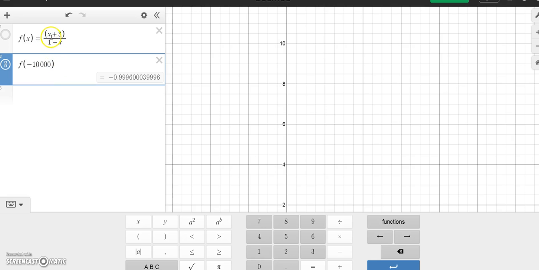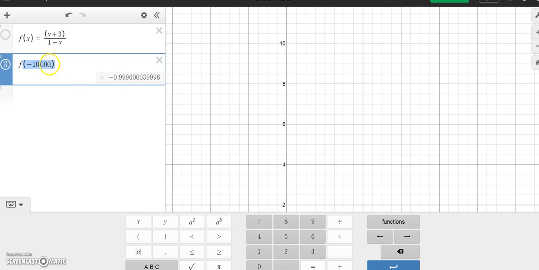Okay, so this is my function, x plus 3 over 1 minus x. Since I wanted to get some idea of where this function is headed as x goes to negative infinity, notice I just chose a very large negative number. I'm going to evaluate this function at negative 10,000. Notice when I do that, I get negative 0.9996.